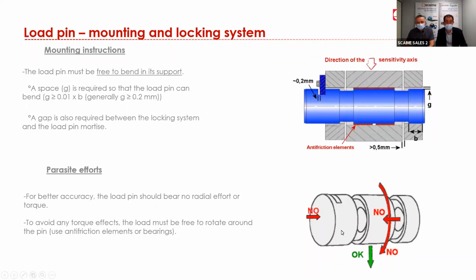But it is very important to avoid all other efforts that could be applied to the pin, like axial efforts or radial efforts, or even torque effects applied to the pin. Otherwise, it's going to affect your measurement and therefore reduce the accuracy of measurement.